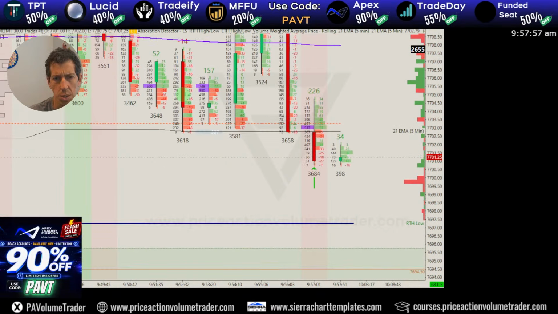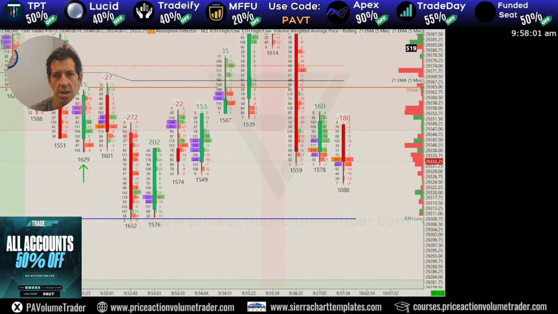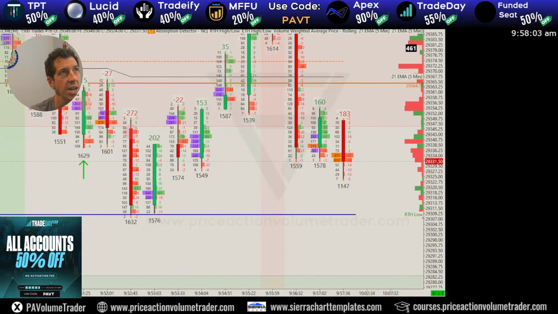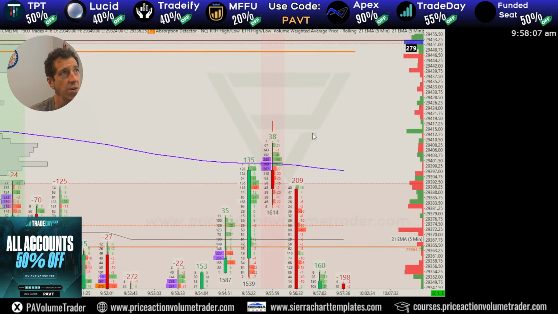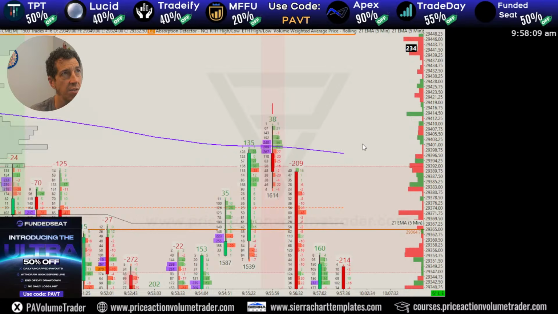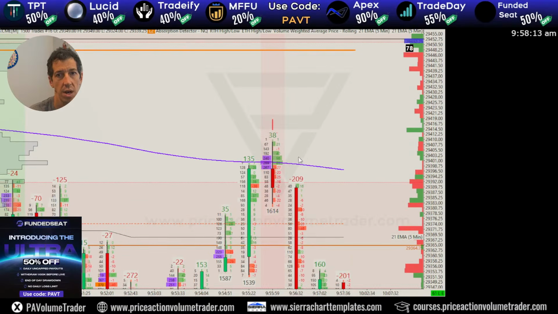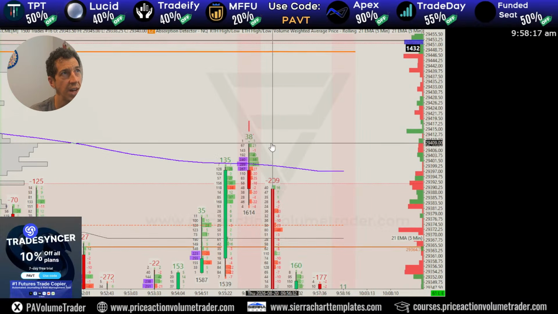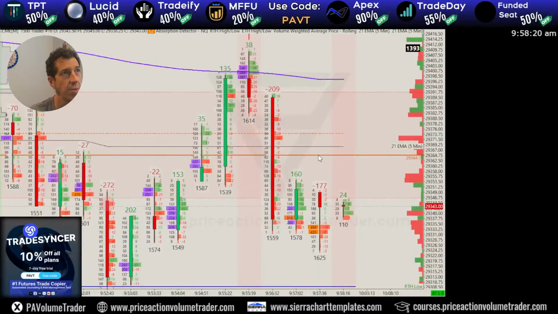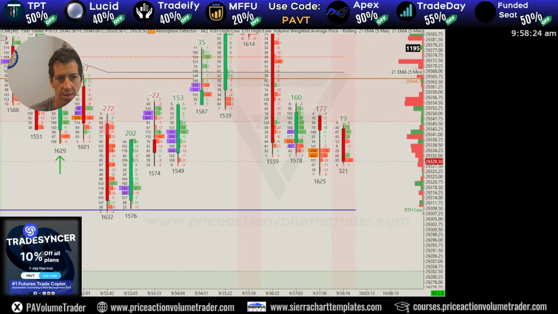I gotta switch this to the NASDAQ footprint. Where is it? Right here. So that's NASDAQ. So yeah, right up here. Very nice signal here. You can see we back tested VWAP and look at all its clusters of aggressive buying at the top. Positive delta, and then we had a very nice follow through again.